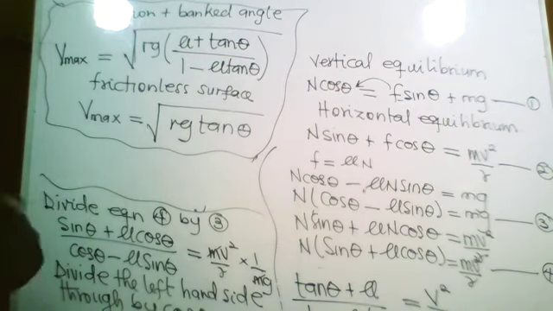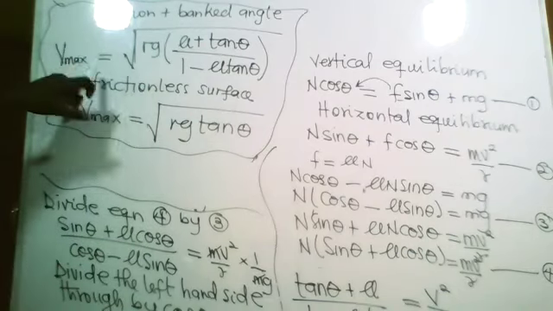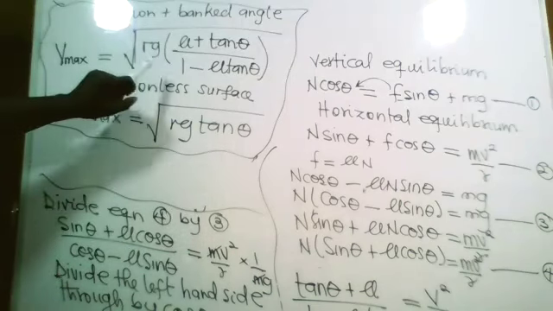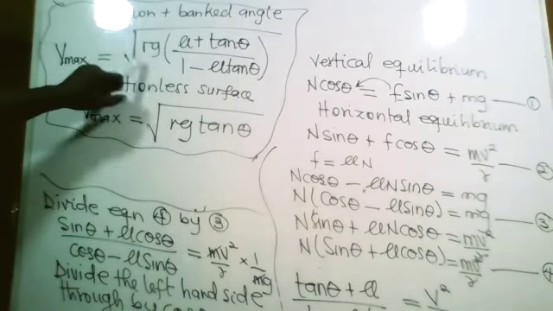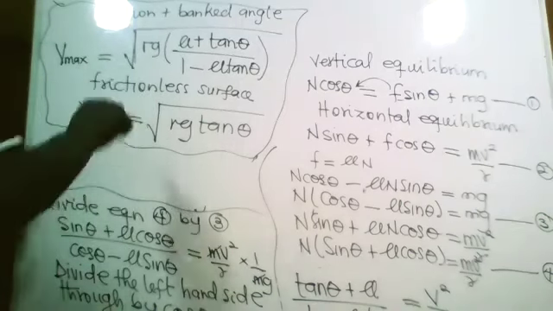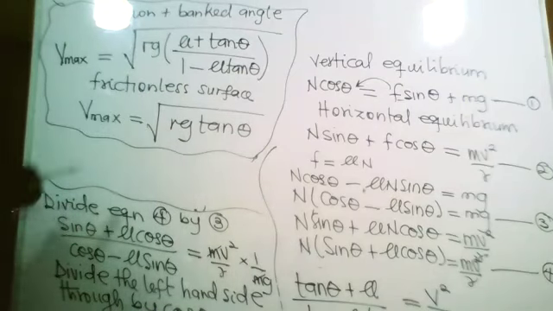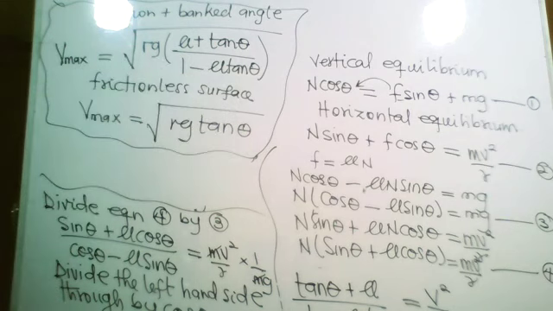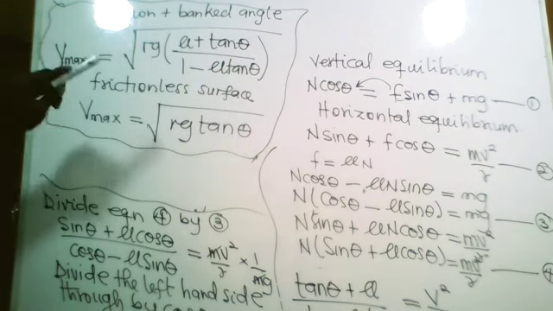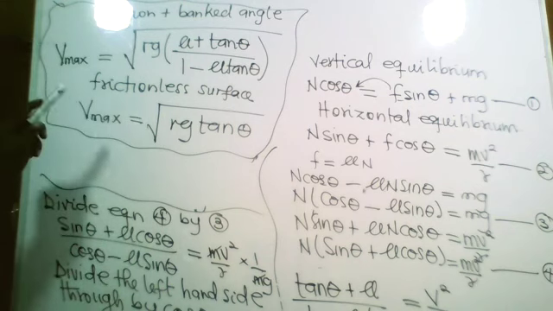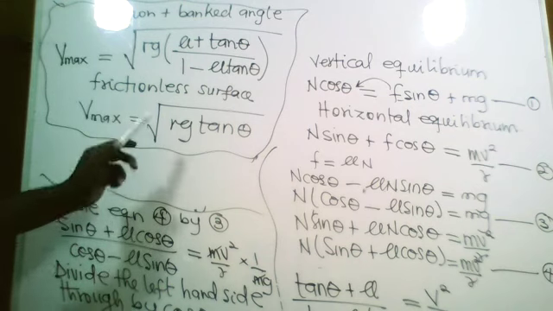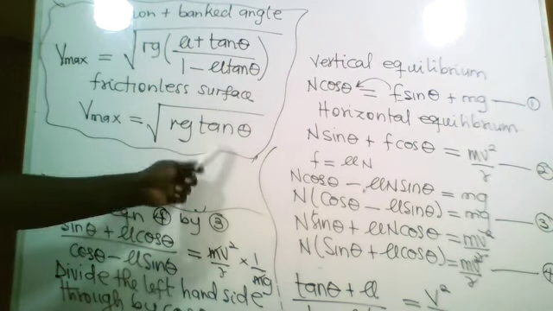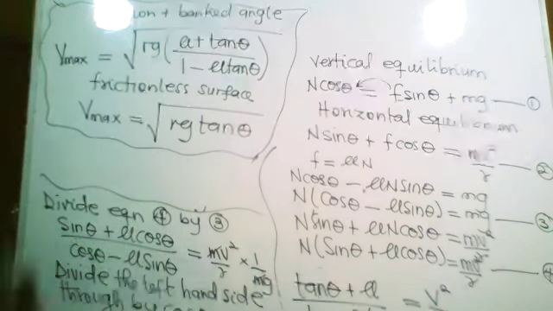So here you could see that the maximum velocity or speed depends on both friction, the radius of the curved road or the radius of the circle, and the banking angle theta. For a frictionless surface, the maximum speed depends on the radius of the curve and the bank angle without friction.